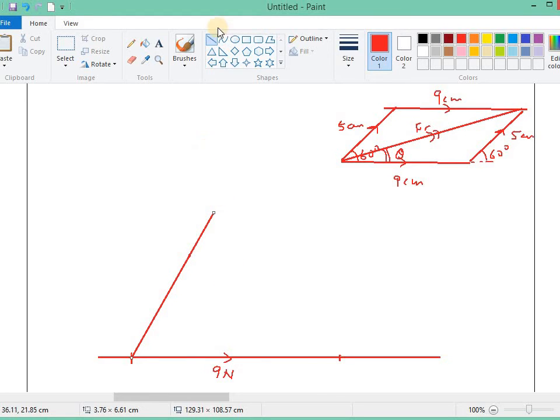Then I measure 5 centimeter here. So this represents 5 Newton. And then again I measure 60 degrees on the other side.